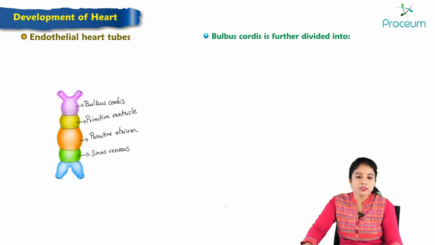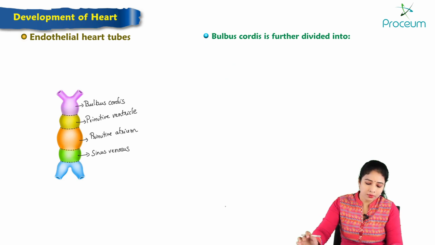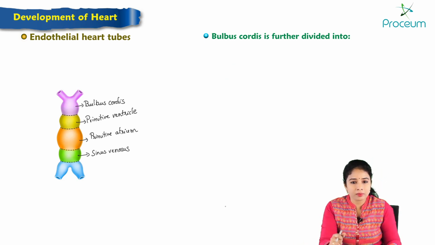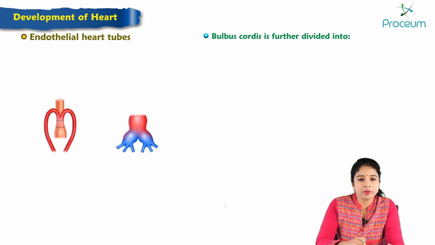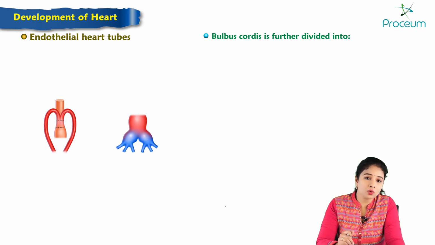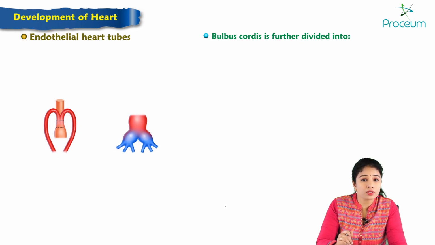Now we shall see the subdivisions of the bulbus cordis. The bulbus cordis is further divided into the truncus arteriosus, conus arteriosus and conus cordis, which forms the proximal 1/3.